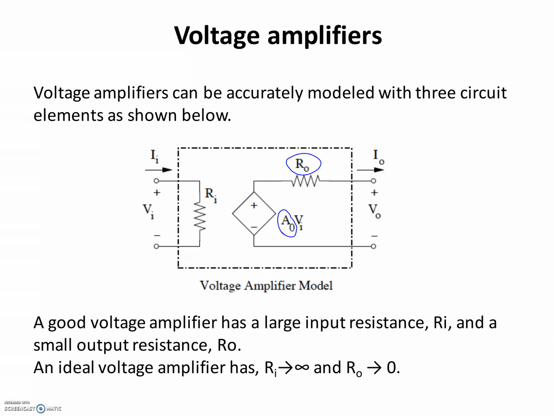Now, a good voltage amplifier is one that has a large input resistance and a very small output resistance. In an ideal voltage amplifier, Ri goes to infinity, so it's an open circuit between the input terminals, and R out goes to 0, so it's a short.